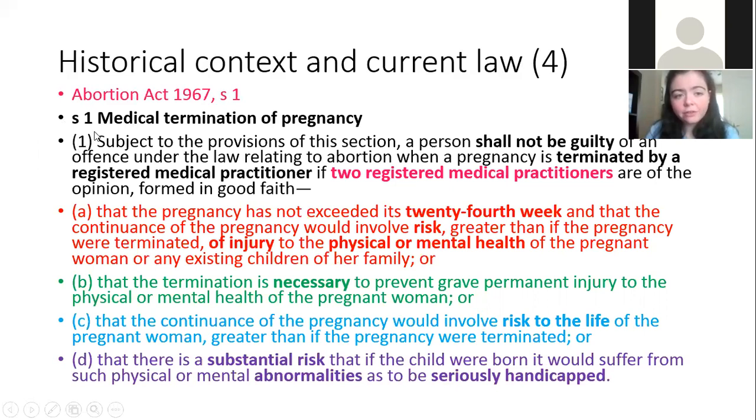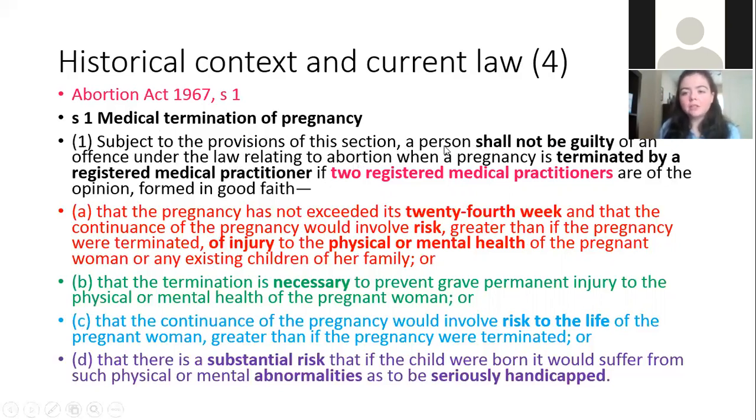So what we have is, if you follow, I've made it rainbow to try and make it easier to read because I appreciate it's a lot of text on one slide. So if you just follow my mouse if you can. So this is, to be clear, an exception to the law. It's not decriminalising abortion, it is an exception to the previous laws, notably the 1861 Act.